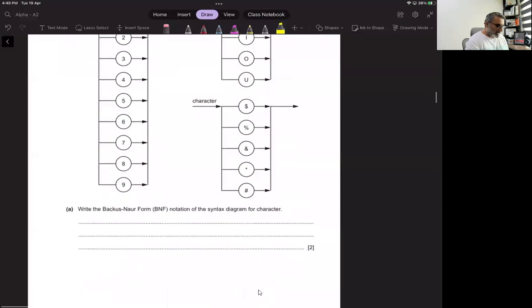So character is defined as a dollar or percentage or and sign or an asterisk or a hash sign. That is how it works. Okay, so this is basically syntax diagram.